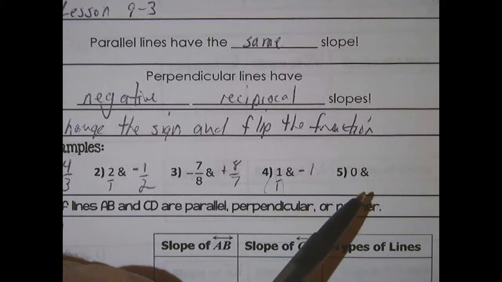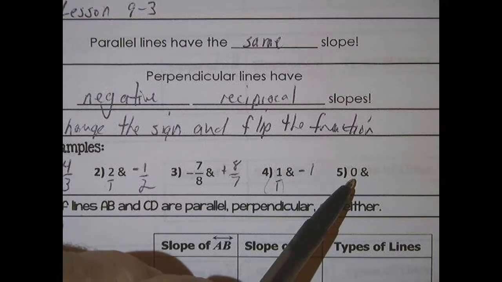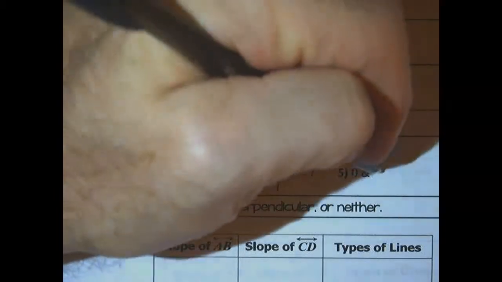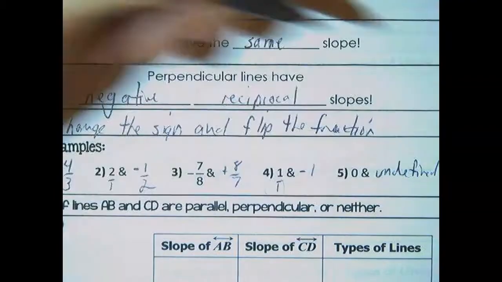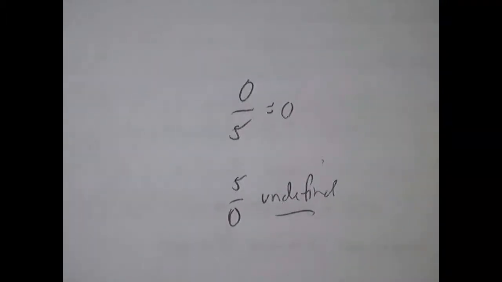What about 0? Now with 0, you can't actually take the negative reciprocal. All you can do is know that a 0 slope is a horizontal line. So if it's a horizontal line and you're talking about a perpendicular to that, you have to have a vertical line. And a vertical slope, remember, is undefined. It still kind of makes sense for flipping it.